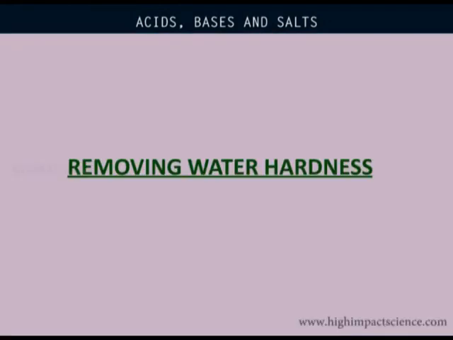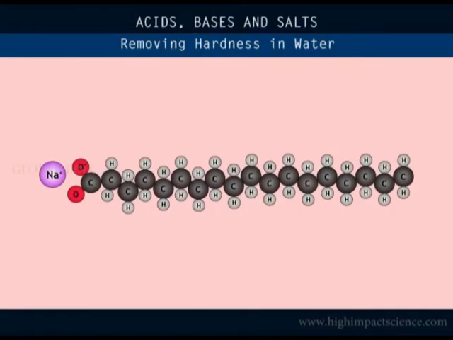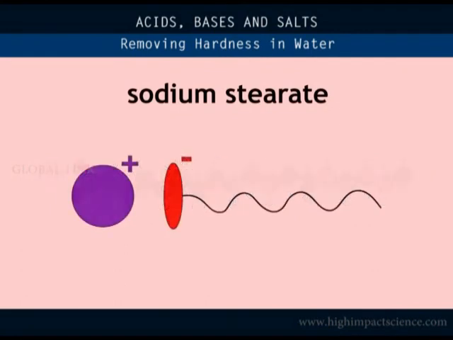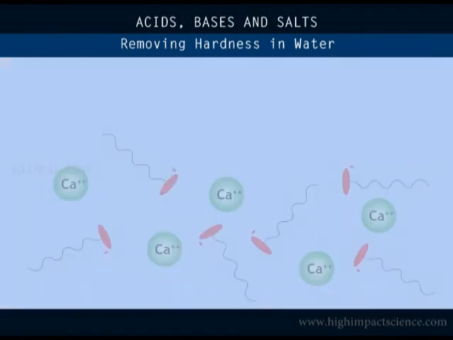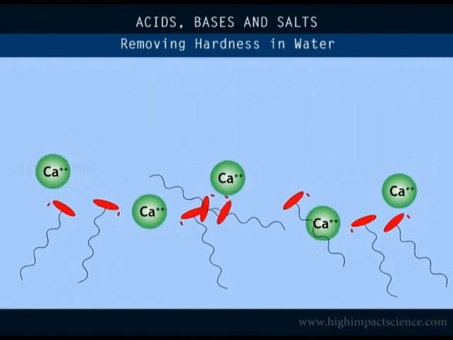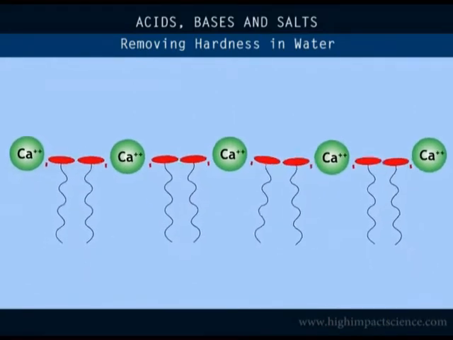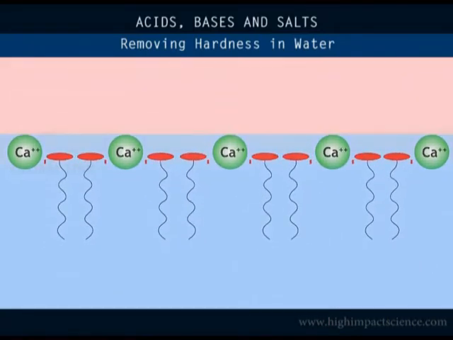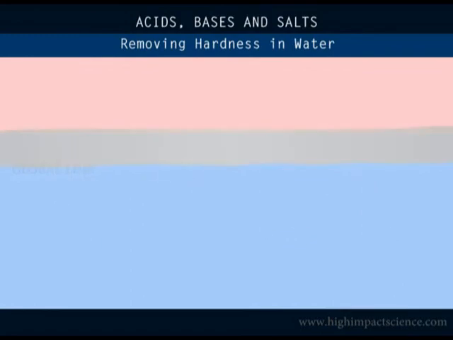Removing hardness in water. Let us start with the soap molecule, which is sodium stearate. We've said that it is difficult to use soap or sodium stearate with hard water because it will form a scum.